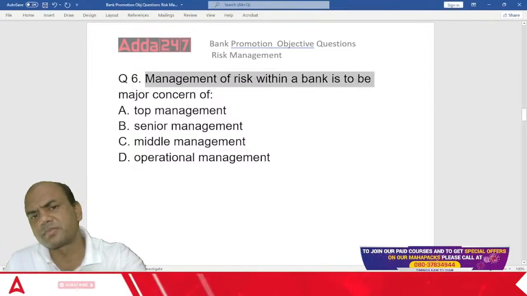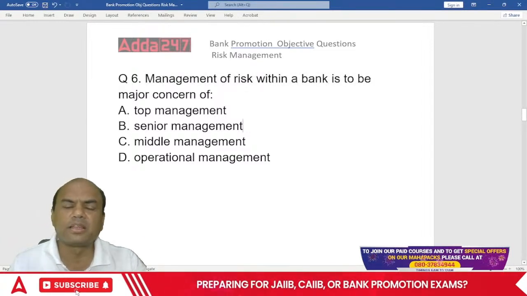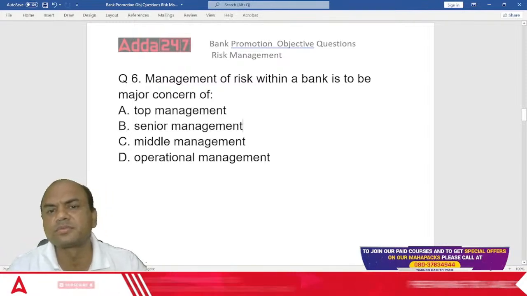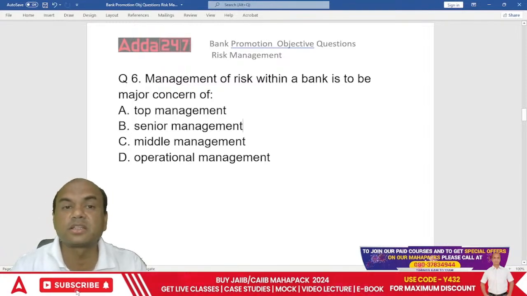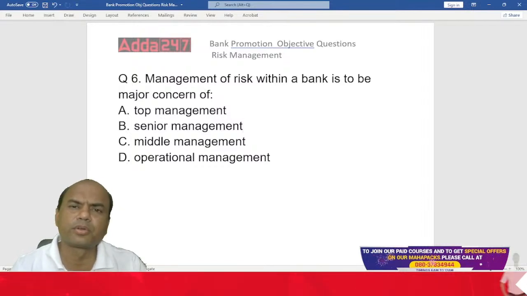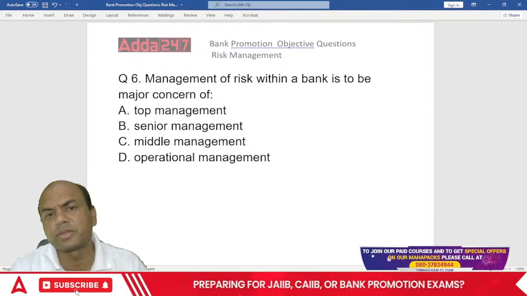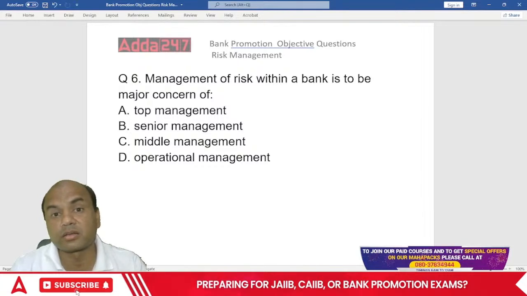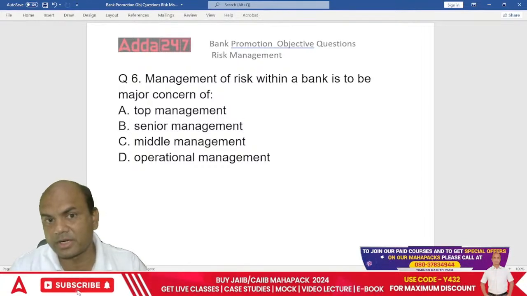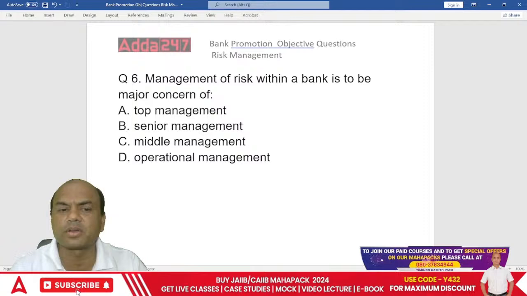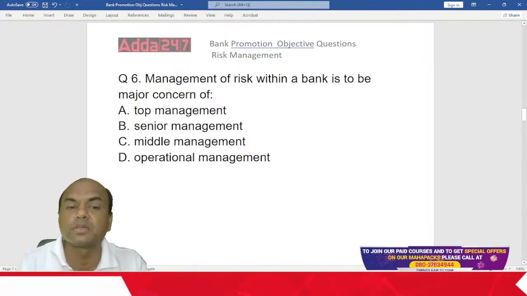Most concerned. Okay. Forget about the bank. Let's say you are in a house, your own house. The risk concern will be mainly to whom? The risk concern will mainly be to the earner or the owner of that house. Right? Similarly, the board of directors or top management is almost the owner.